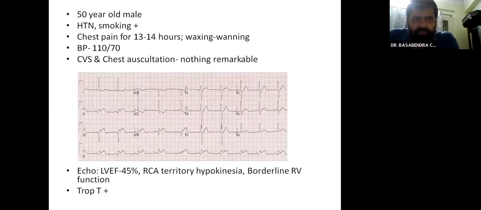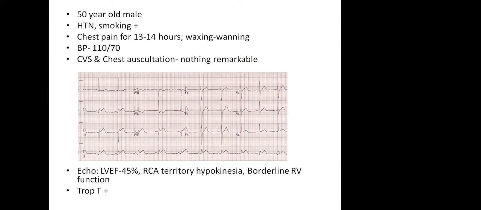So this was a 50-year-old male patient with a history of hypertension and smoking. He presented with chest pain for the last 13 to 14 hours, and the pain was waxing and waning in character. It was increasing in severity intermittently, and again getting relief to some extent in between.